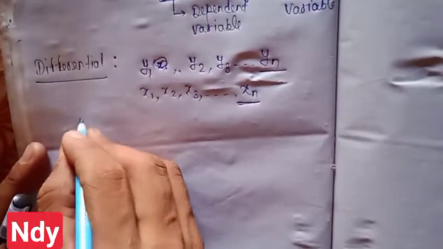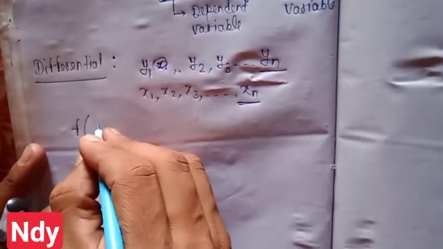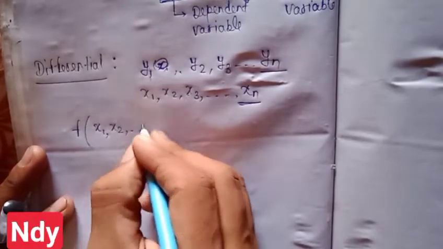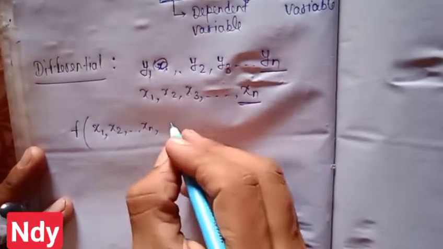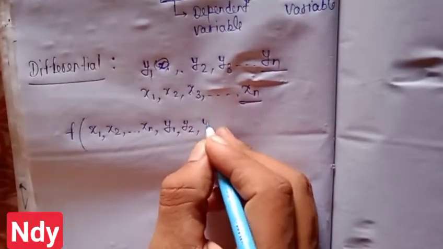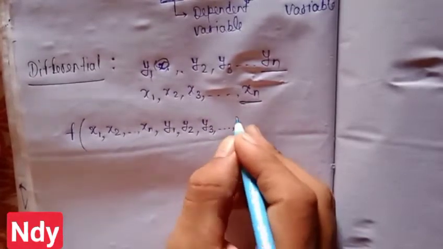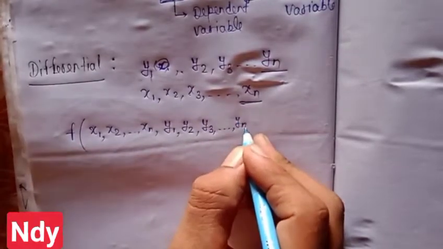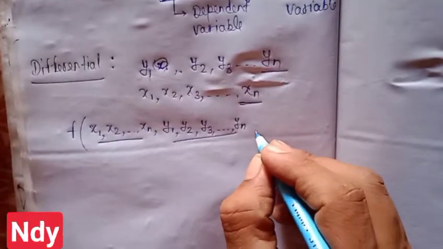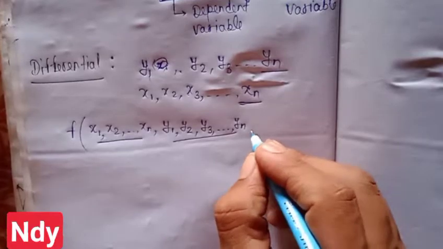A function of this type of x1, x2, xn, and y1, y2, y3, as I said, is a function of dependent variables, independent variables, and derivatives of the dependent variables with respect to independent variables.